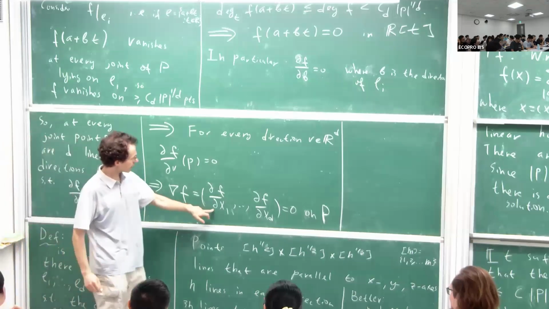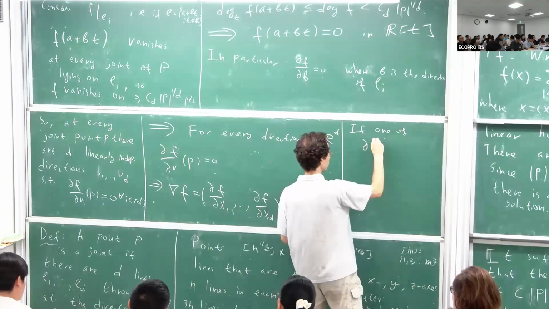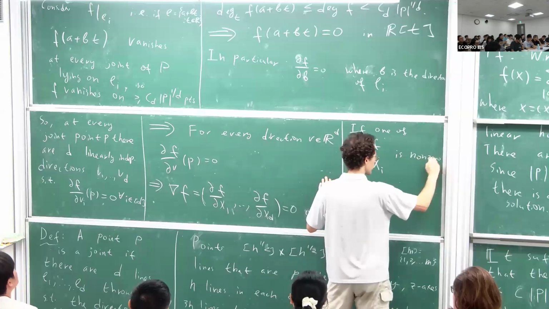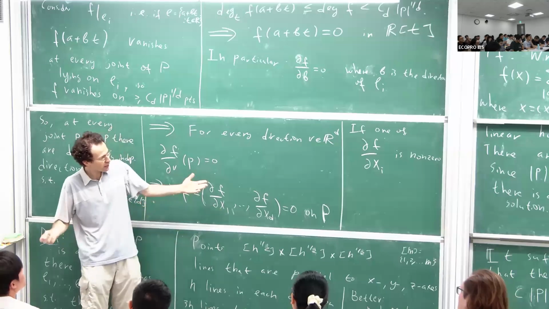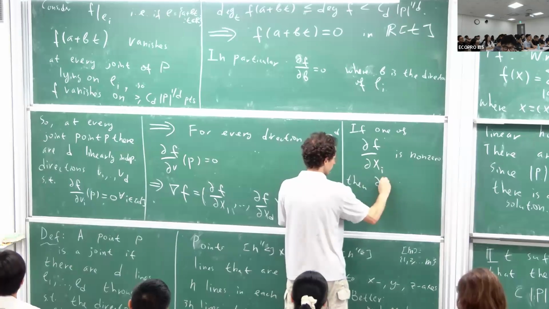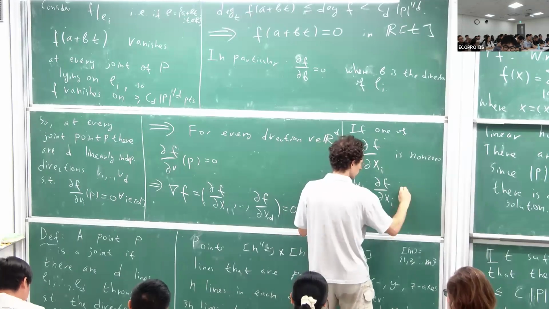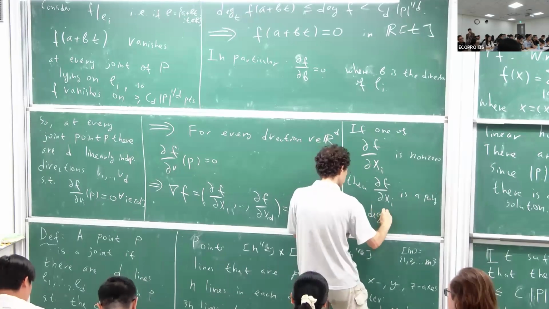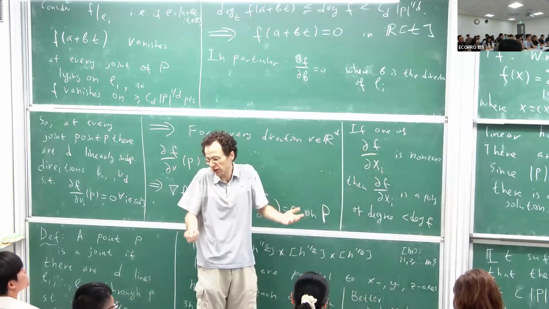Now, if one of these polynomials here is non-zero, so some of these polynomials might be zero polynomials, some of them might not be, but let's say there is one which is non-zero, then it is a polynomial of degree strictly less than the degree of F, because I took a derivative of it in some direction.